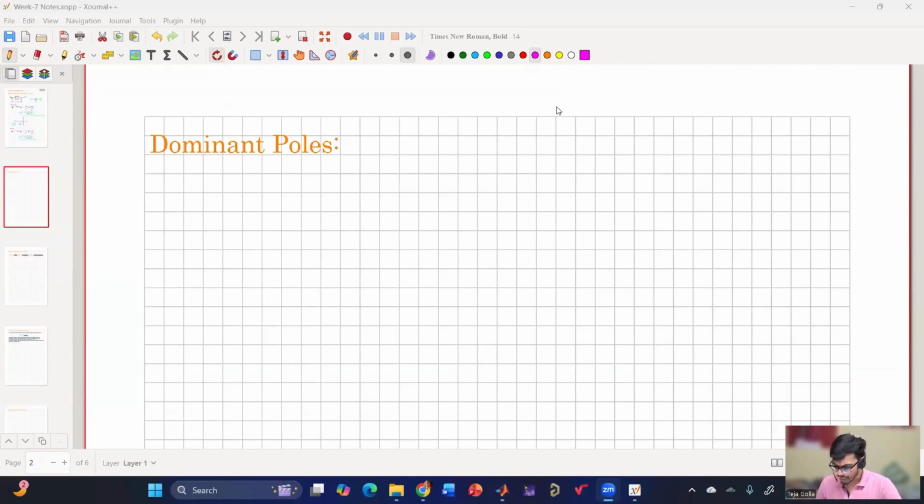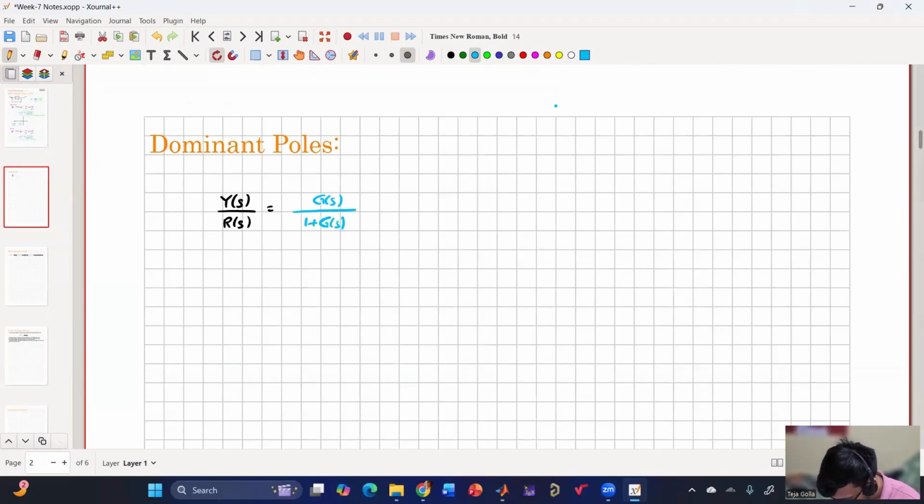So similar to the previous example, I'll consider y of s by r of s is g of s by 1 plus g of s. And now I am having one pole, right? 1 by 1 plus s by omega p.